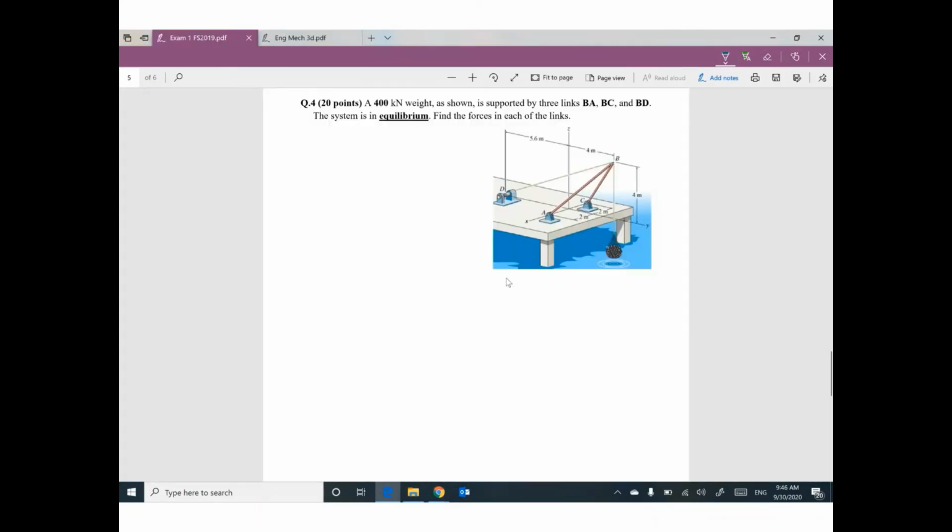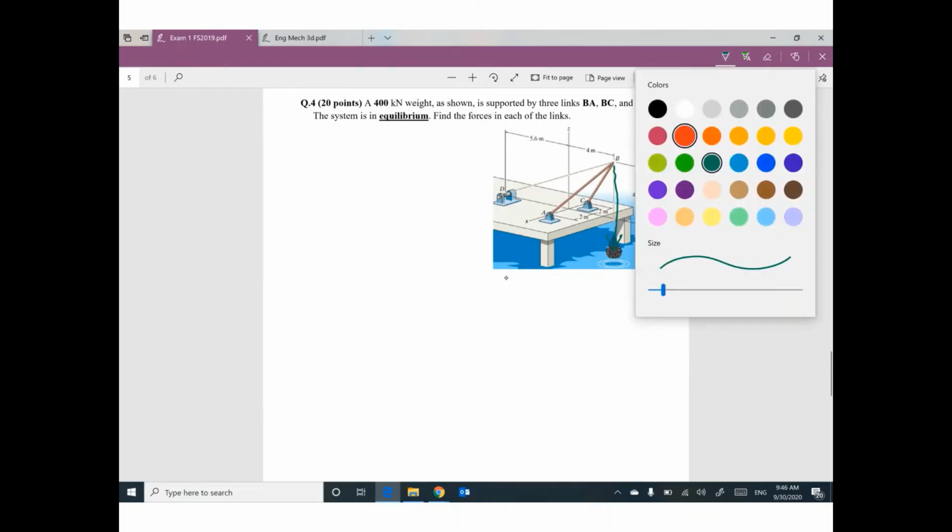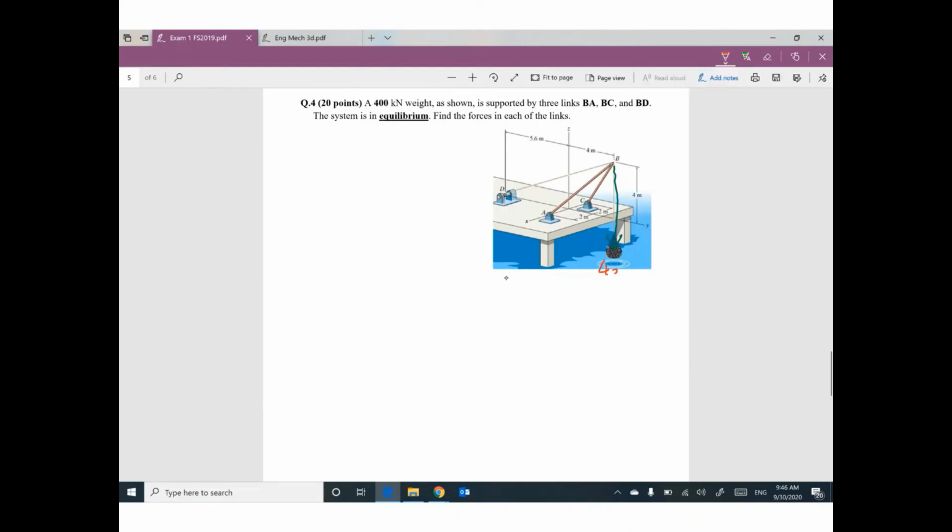Anyway, guys, if you have a problem like this, we have a vertical force here, which is F. How much? It's 400 Newton. And we will have a force here, and we have a force, and we have a third force.